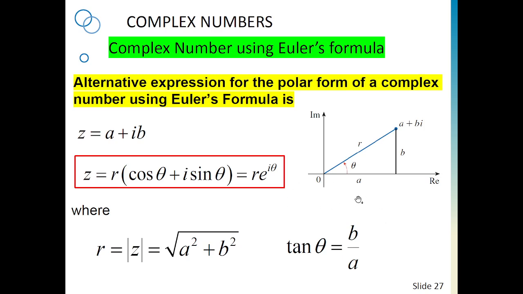So this is just a summary of the result: our standard notation for a complex number, polar form, and then Euler form. And these are the pieces: r is the modulus, and theta is the angle that we need.